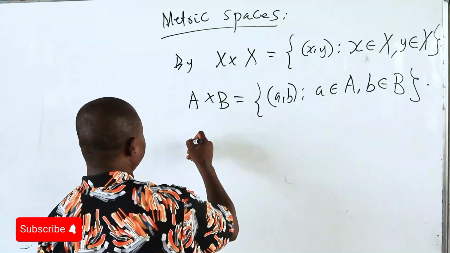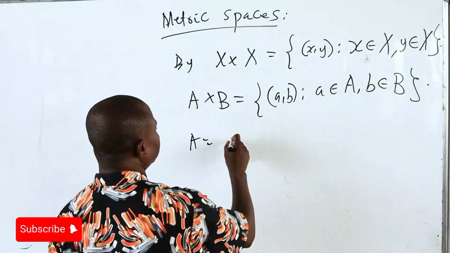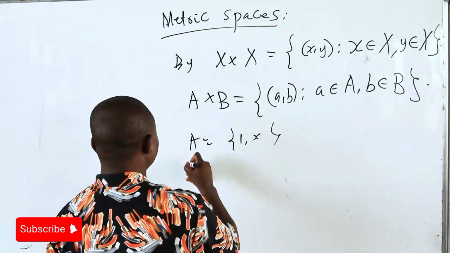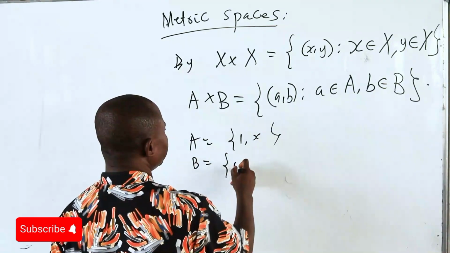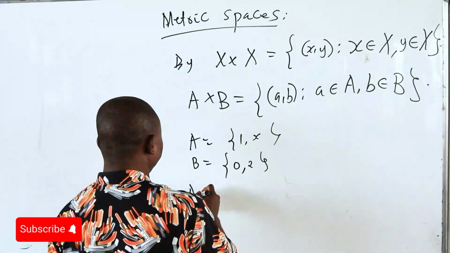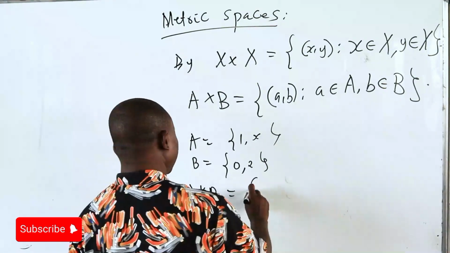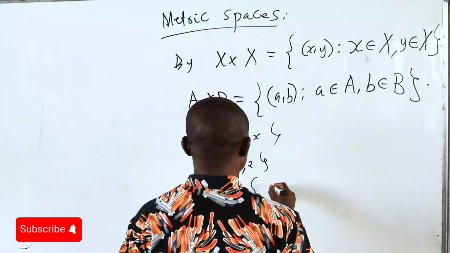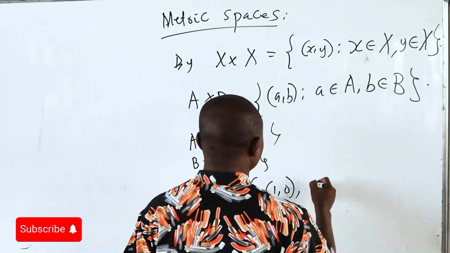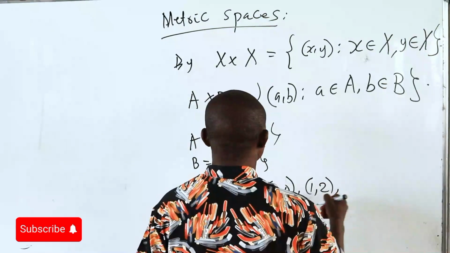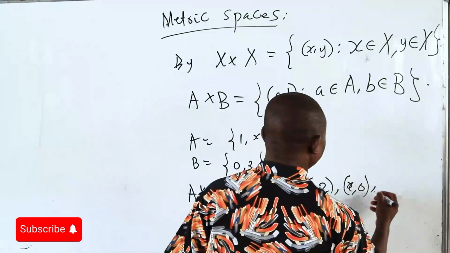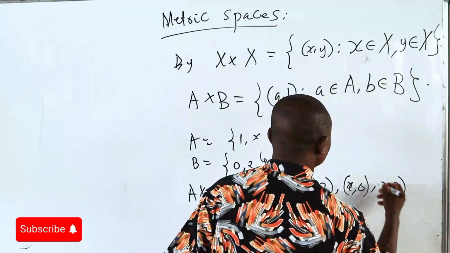For instance, if I give A to be the set {1, x} and I give B to be the set {0, 2}, then by A cross B, we mean the set whose elements are (1, 0), (1, 2), (x, 0), (x, 2).